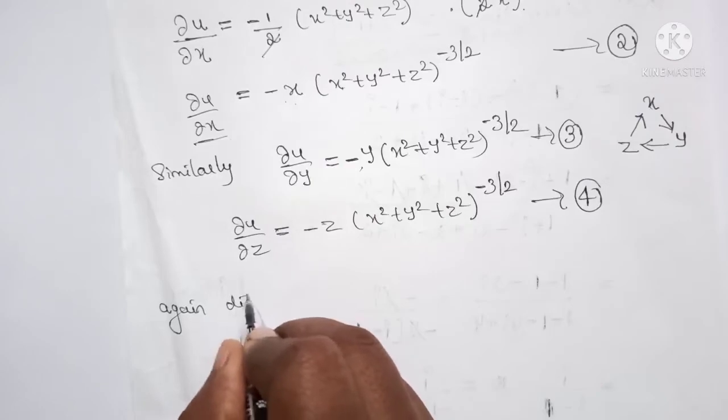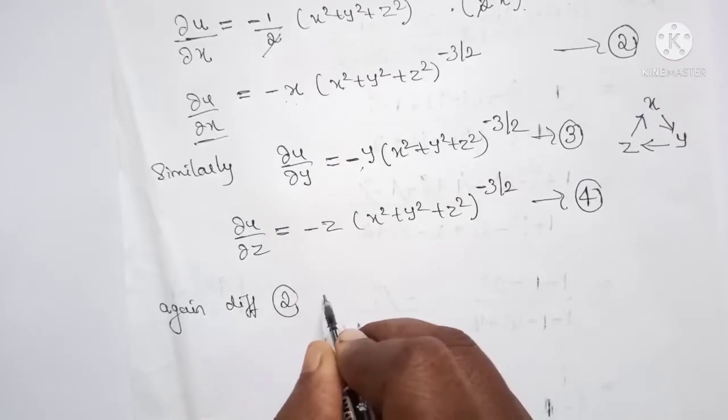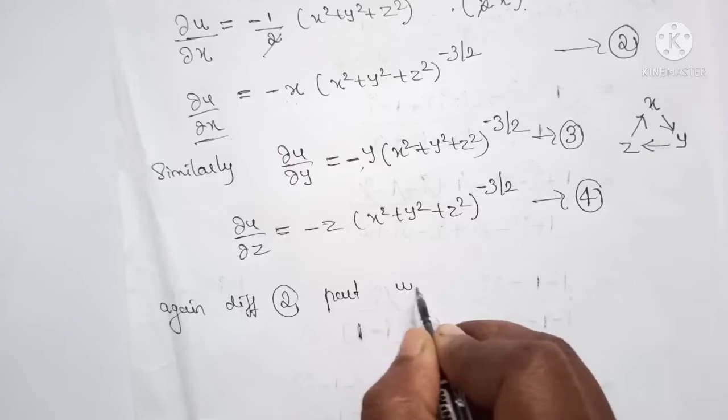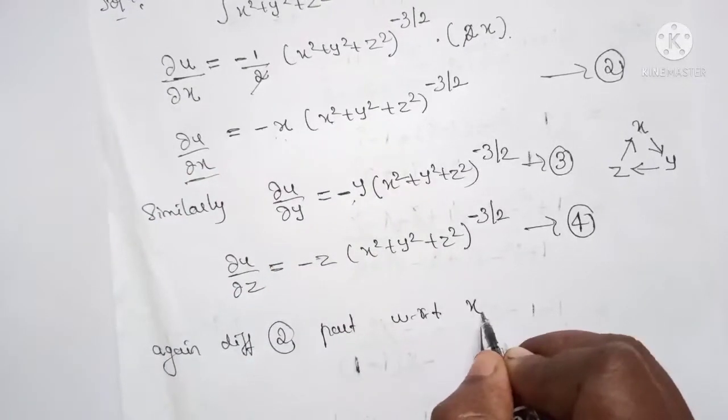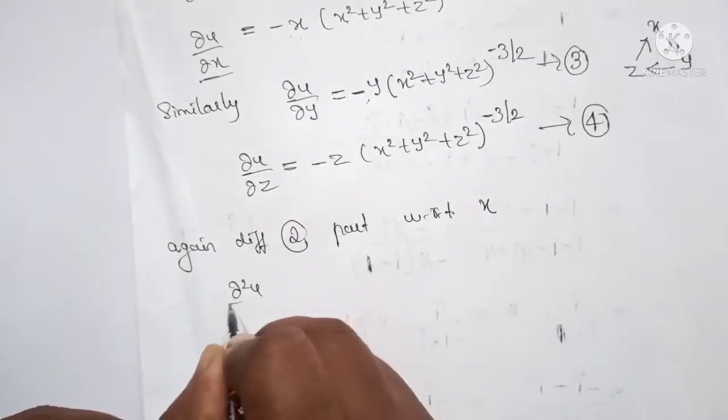Again differentiating equation 2 partially with respect to x, we get dou square u by dou x square.